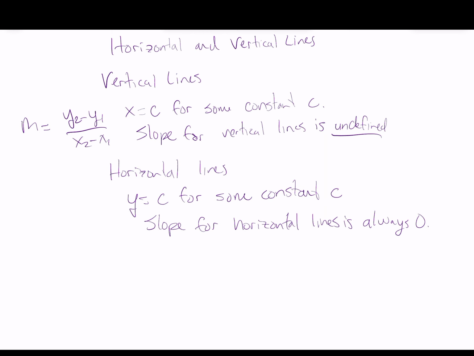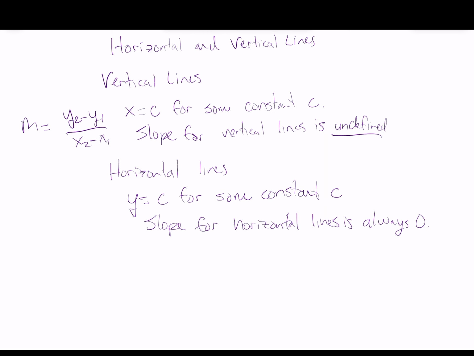So if we had a constant value for x, that would mean that it's always the same, which would mean that c minus c is 0, so that would cause division by 0 for any change in y, because x is constant.